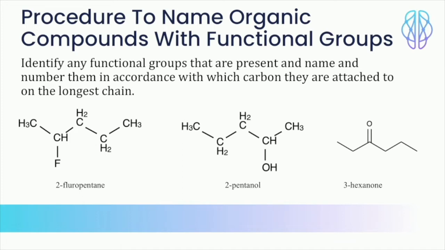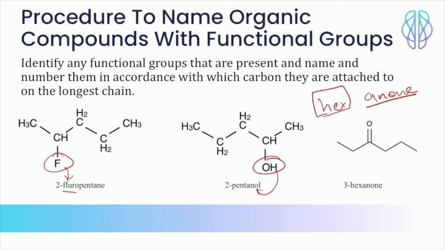And thus, they need the suffix A-N-O-N-E. So this is a hex, and then has the suffix A-N-O-N-E. It's also kind of hard to give you a formula of, okay, put the number here, put the dash here, because for example, the fluoro functional group is a prefix, whereas the hydroxyl has a suffix OL.